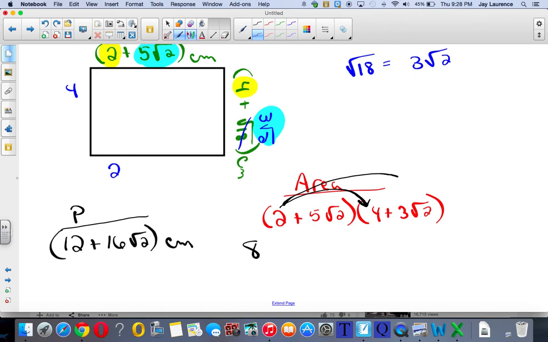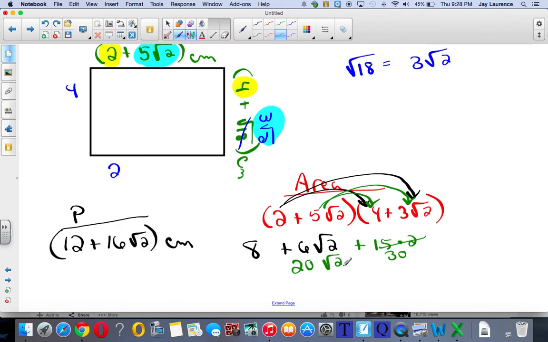I'm going to get 2 times 3 rad 2, which would be a 6 rad 2. Okay, here I'm going to multiply 5 rad 2 times 4, which I think is going to be a 20 rad 2. And then I've got to do 5 times 3, which is 15, rad 2 times rad 2, which is 2, so this part here becomes 30.